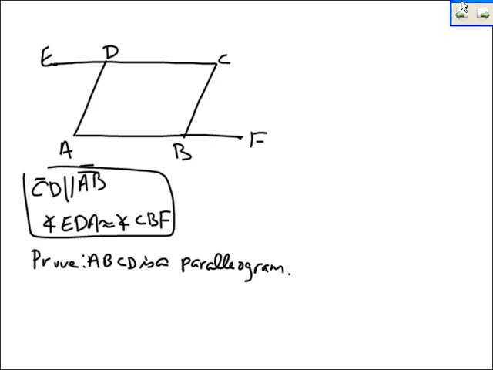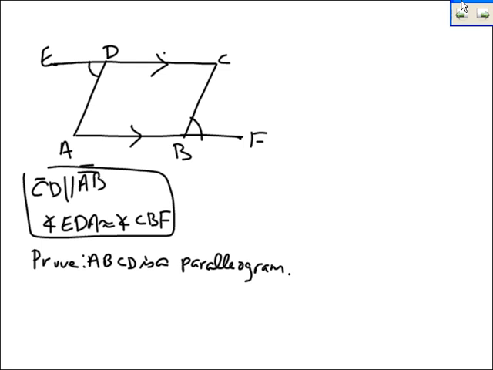Okay, so we have that CD and AB are parallel. And we have that EDA, this angle, and CBF, that angle, are equal. Okay.